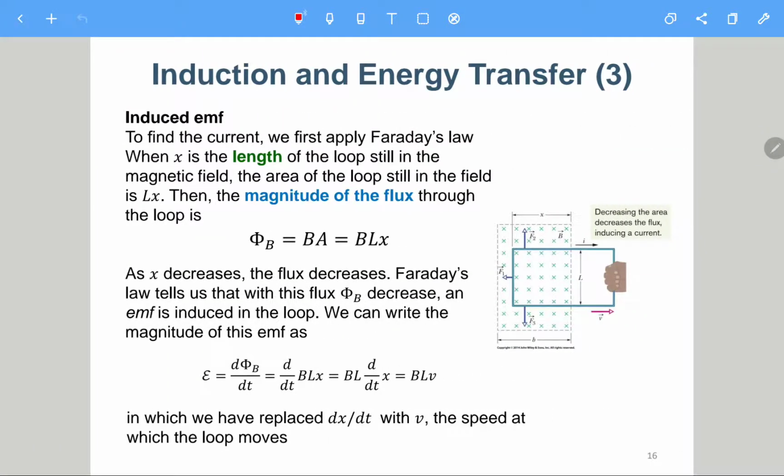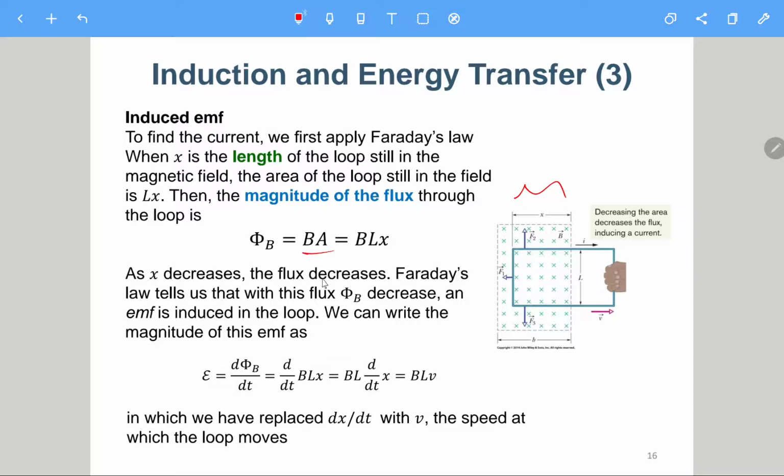And if you consider it quantitatively, we have phi_B equal to B times A. We consider the width inside the magnetic field to be x, and of course this line is L, which will not change over time, and B is a constant magnetic field, so phi_B is BLx.